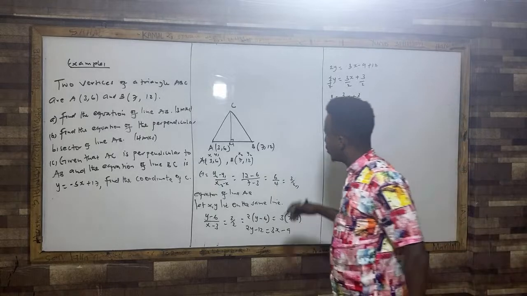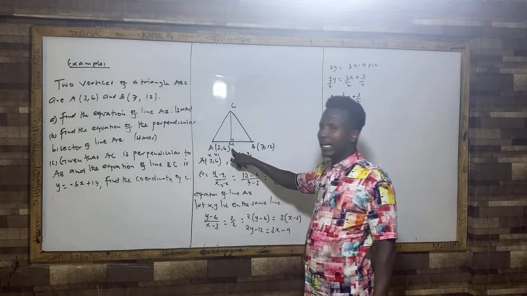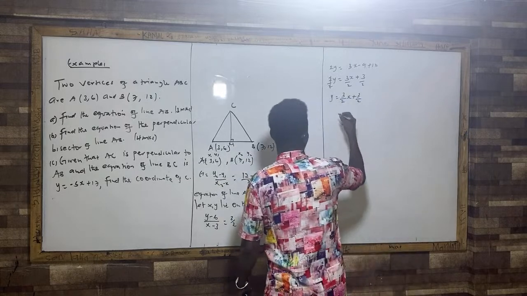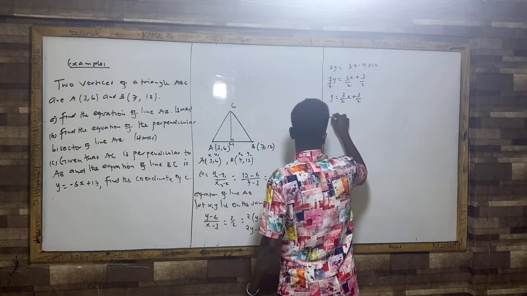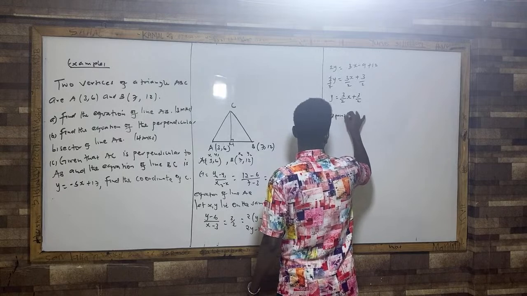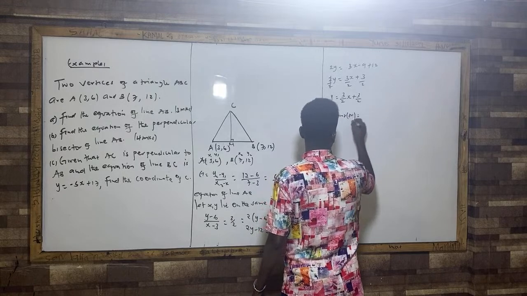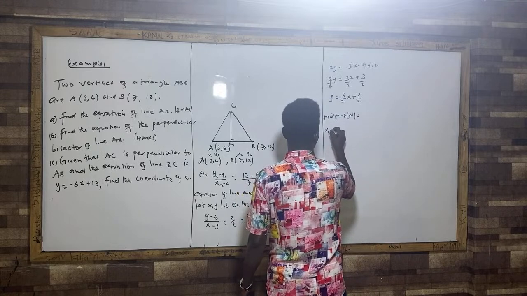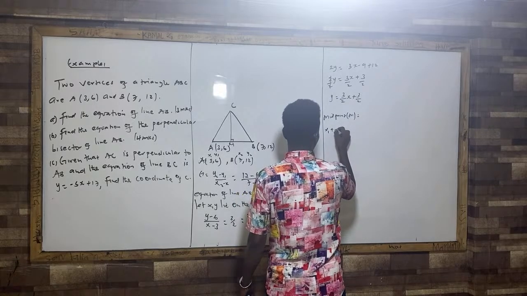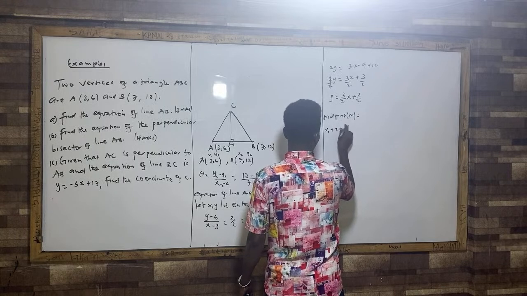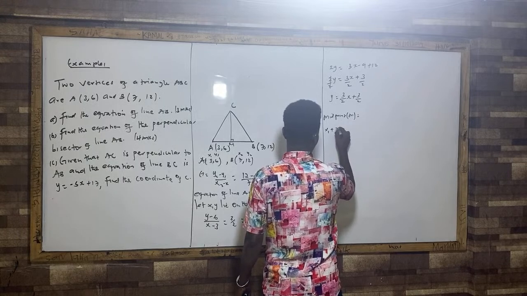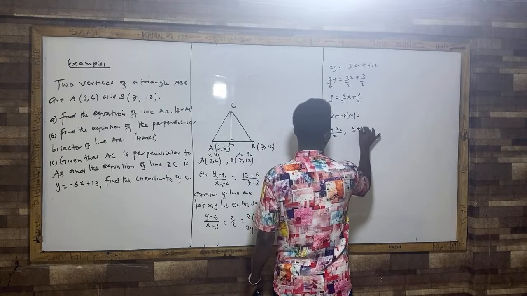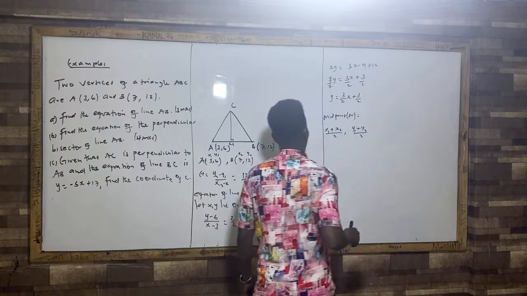Now, the first thing we are going to do is get the coordinates of M, which is the midpoint of line AB. So we're going to say midpoint M is x1 plus x2 divided by 2, comma, y1 plus y2 divided by 2.